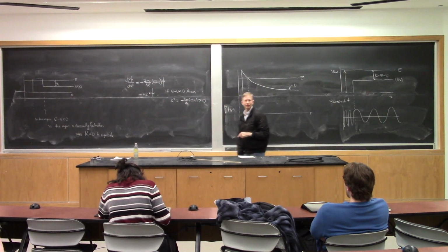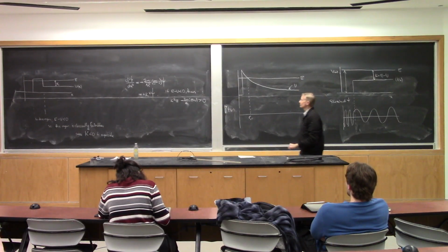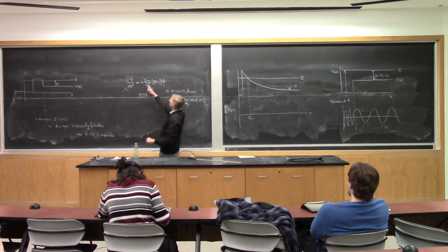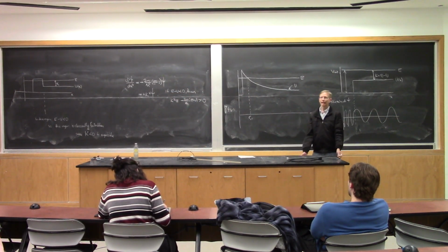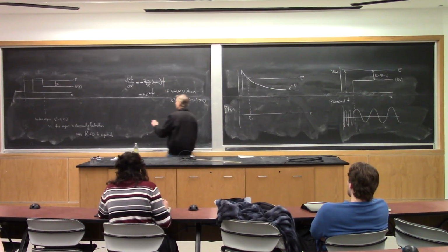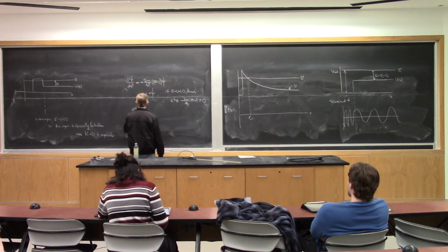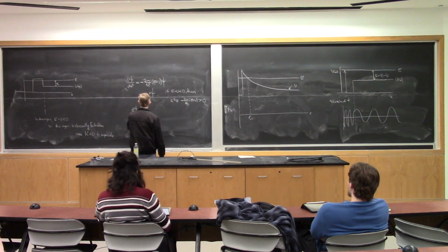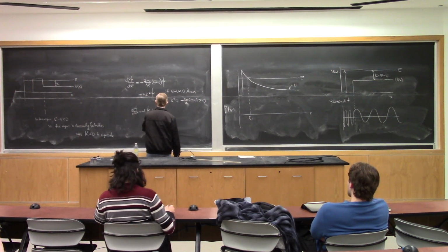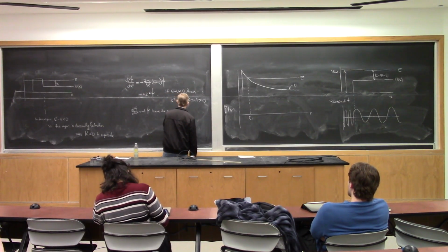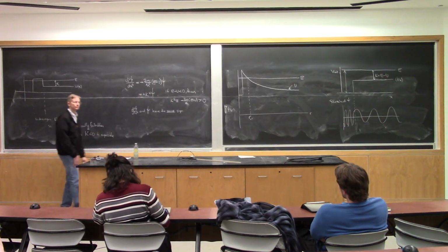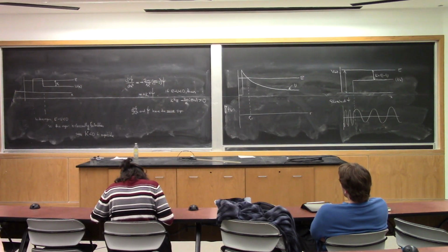It's greater than 0, right? If E minus U is negative, if the classical kinetic energy is negative, minus 2m over h bar squared times that is a positive number. So we call that positive number kappa squared. d squared psi dx squared and psi have the same sign now. If one's positive, the other's positive. If one's negative, the other's negative.